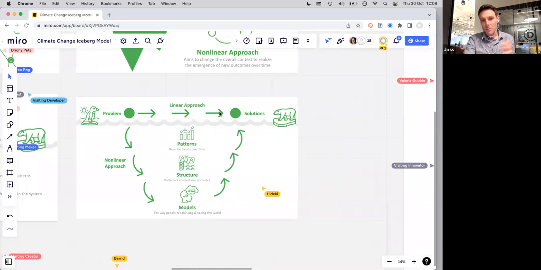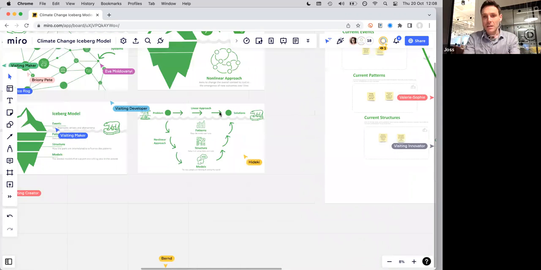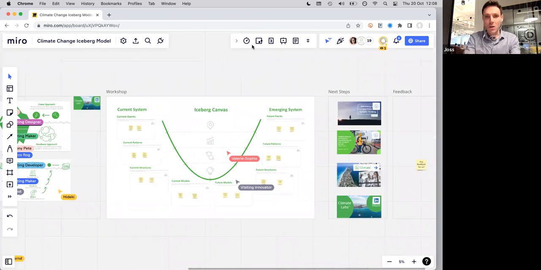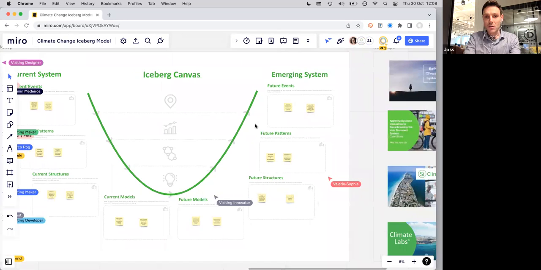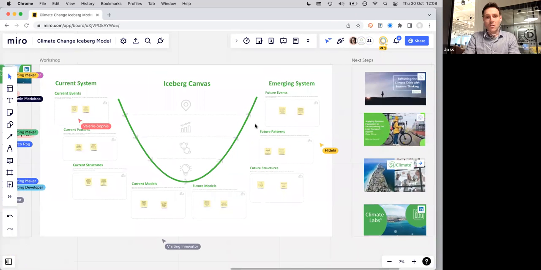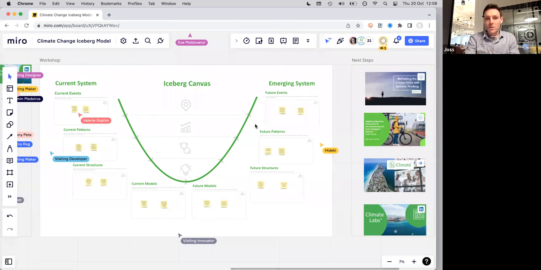Just to say a couple of words about this canvas and how it's going to work going forwards. Hopefully you're familiar with the iceberg model, maybe also theory U, because this is somewhat reflective of those ideas.